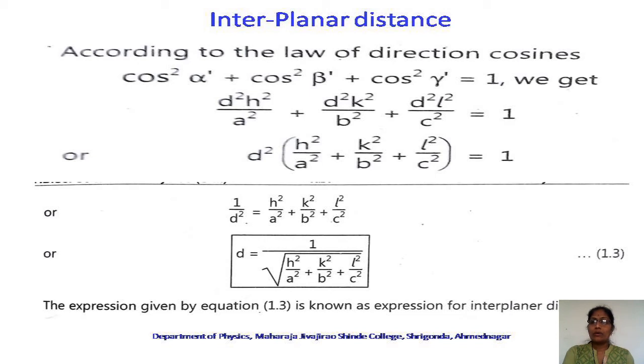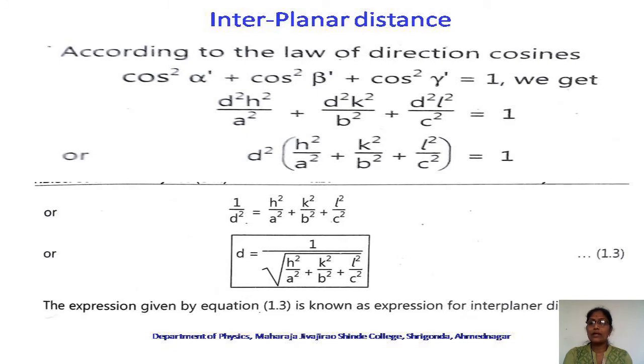That is, 1 upon d square is equal to h square upon a square plus k square upon b square plus l square upon c square, and d comes out as 1 upon square root of h square upon a square plus k square upon b square plus l square upon c square. This will give us the final relation between interplanar distance, the lattice parameters and the Miller index.